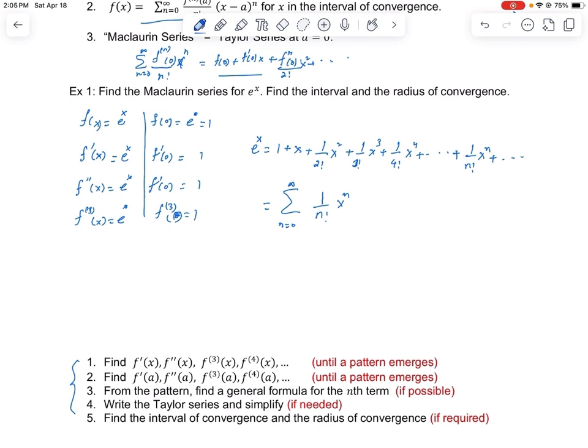Now we can also talk about the convergence of the series, but for that we have to use the ratio test. If you recall, our a_n is equal to 1 over n factorial x to the n. So a_(n+1) will be 1 over (n+1) factorial x to the n+1.